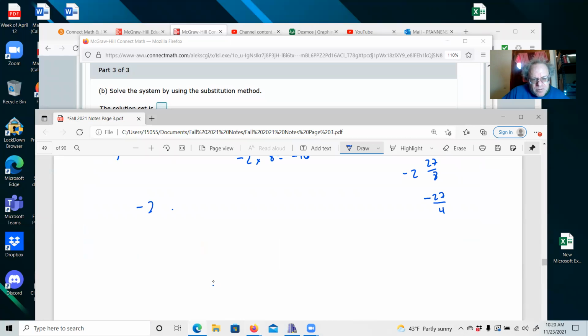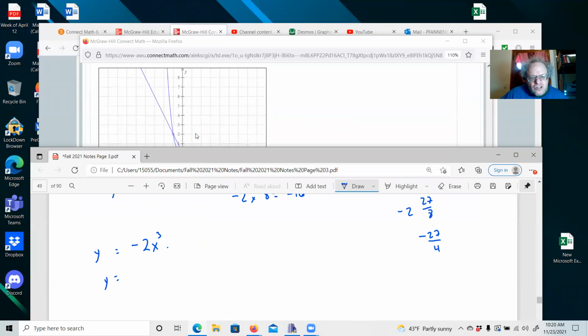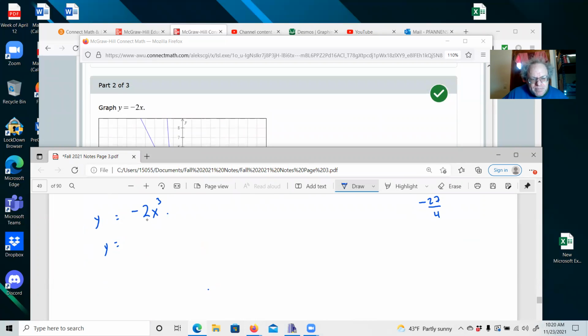So we have negative 2x cubed is equal to y, and y is equal to negative 2x. All right, so we're just going to substitute these. We have negative 2x is equal to negative 2x cubed. Let's knock that out.